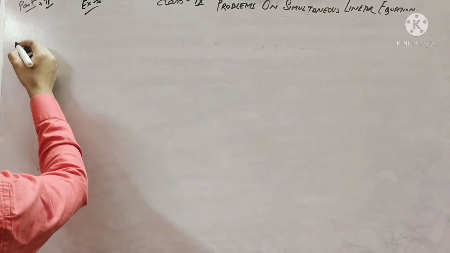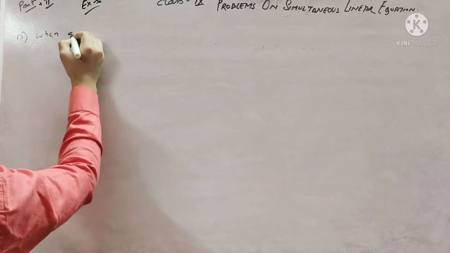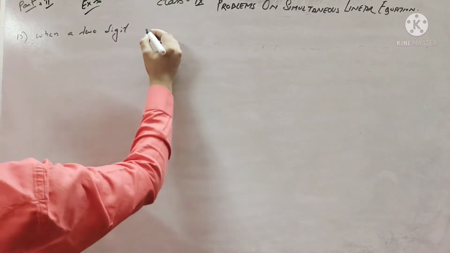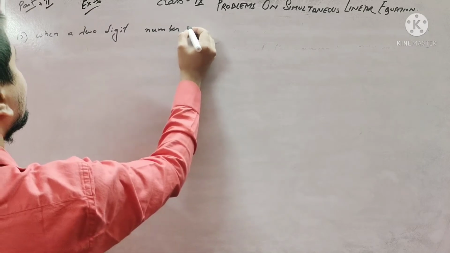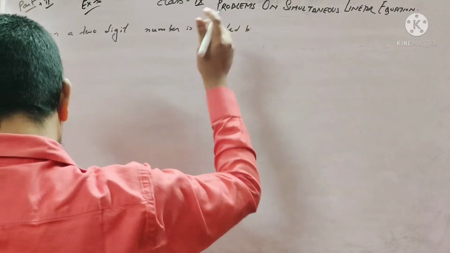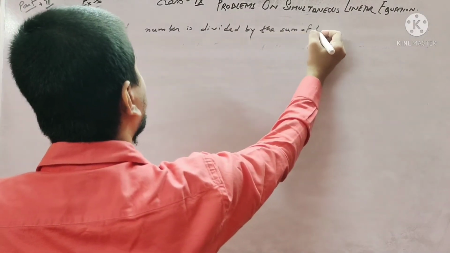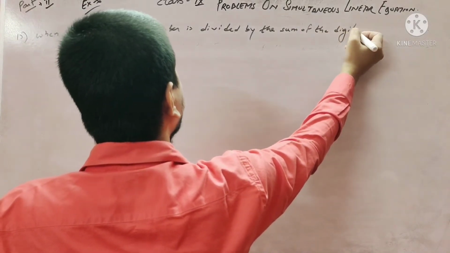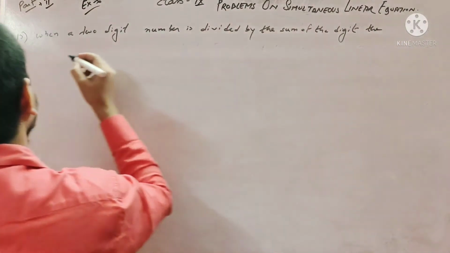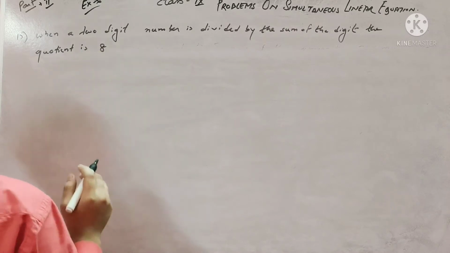Question number 15. When a 2-digit number is divided by the sum of the digits, the quotient is 8.